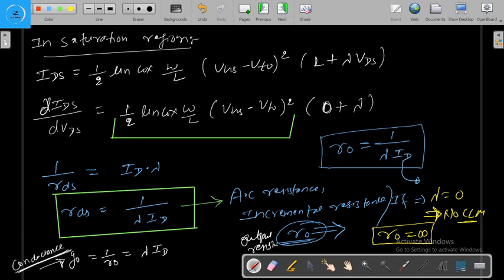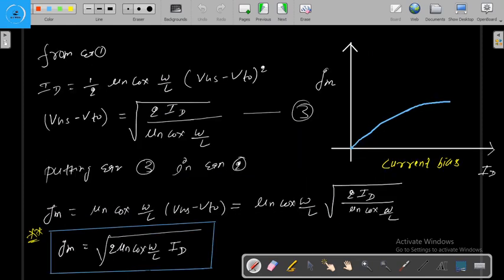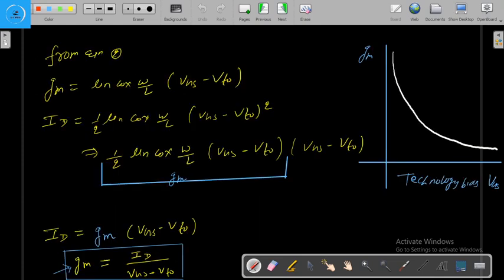Please do not confuse between the transconductance of the MOSFET and the conductance of the MOSFET. The conductance is g0 = λ Id, and the transconductance has three formulas: μn Cox W/L (Vgs − Vt0), √(2 μn Cox W/L Id), and Id upon (Vgs − Vt0).